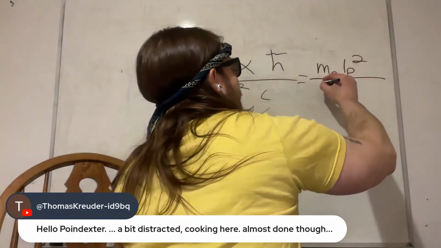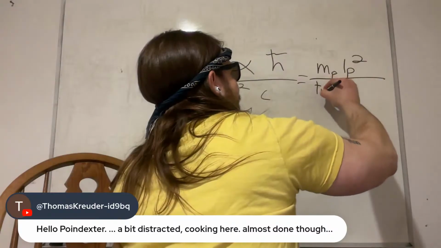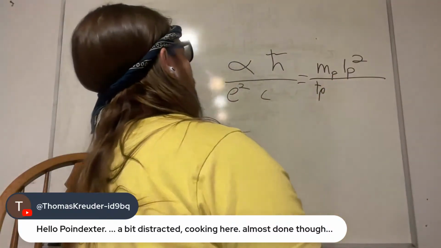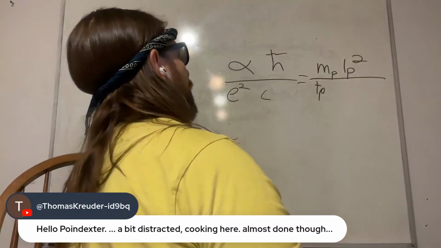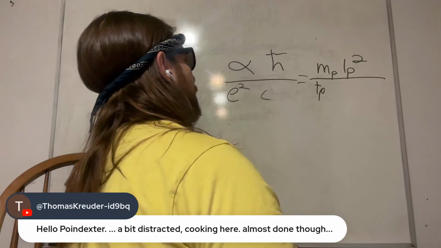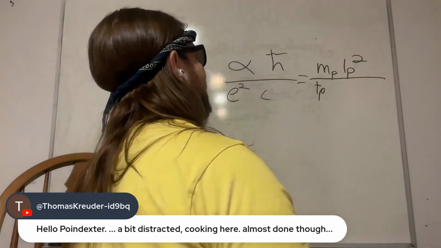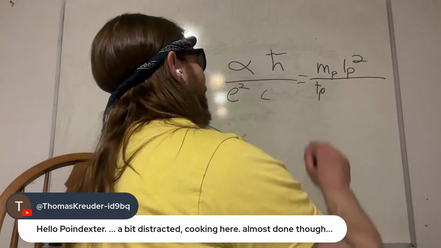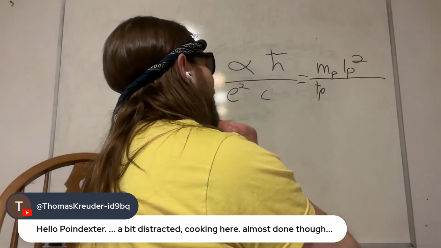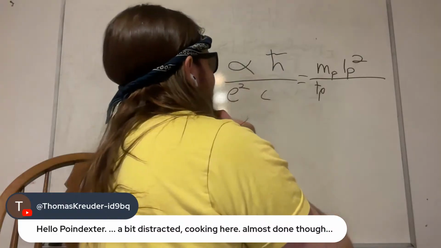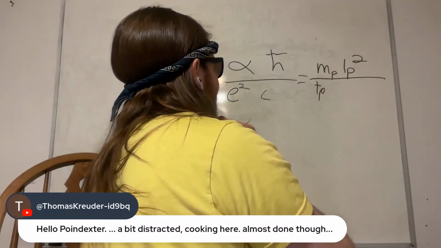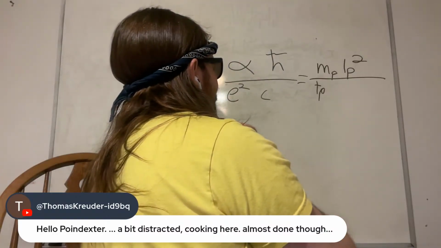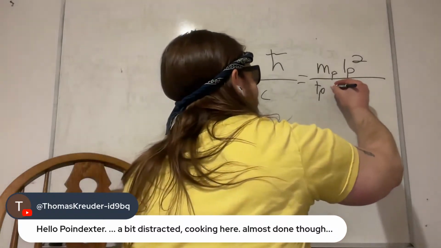That's 1 unit at a time. So Planck time. Elementary charge is, oh, that's alpha. Oh, it's canceling out there. Okay. Ooh. Okay. So that would be Q sub P of electron.